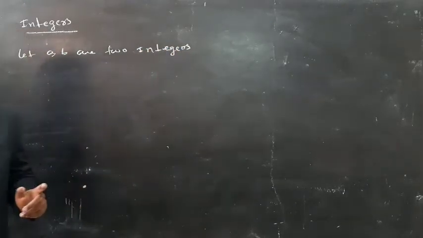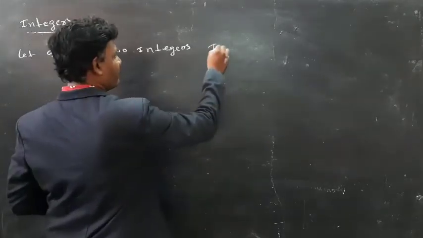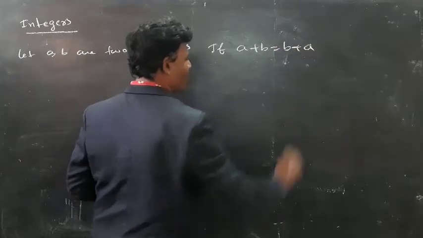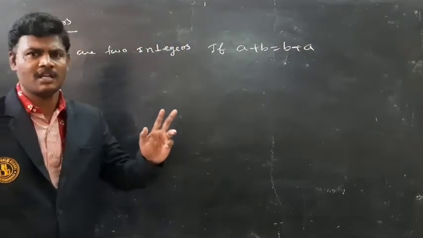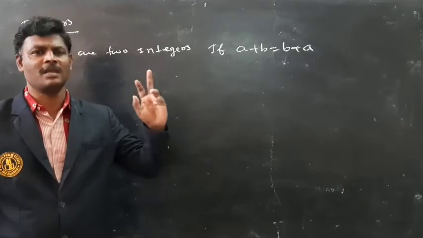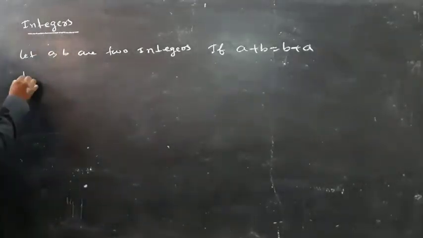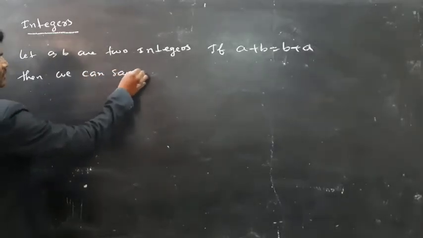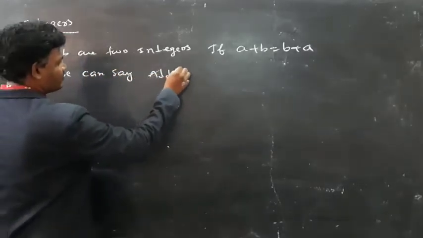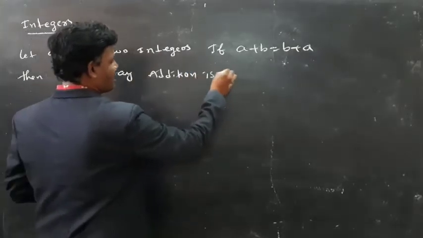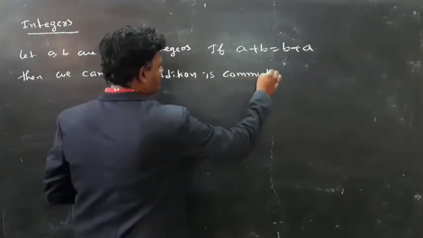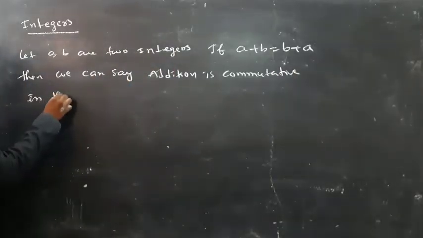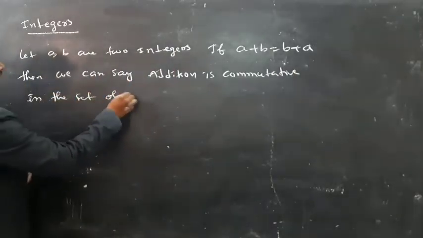If the result of a plus b and b plus a both are equal, then we can say addition is commutative in the set of integers.